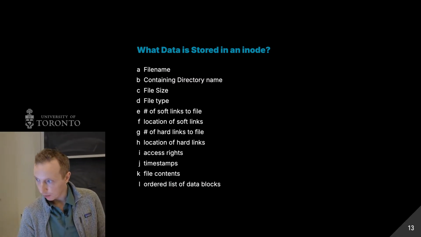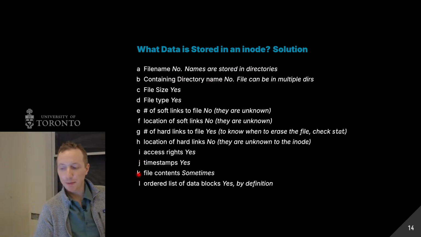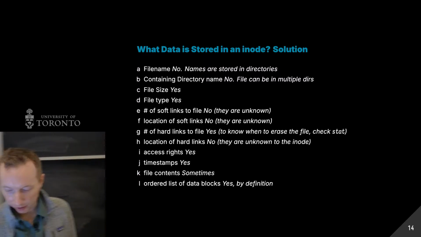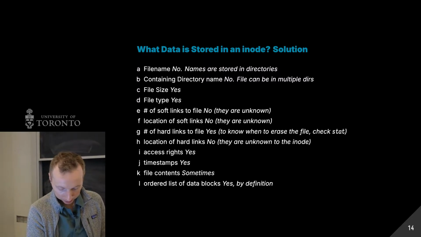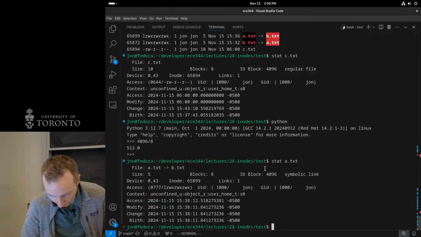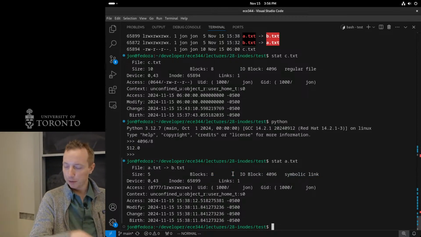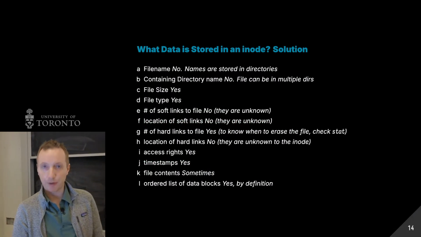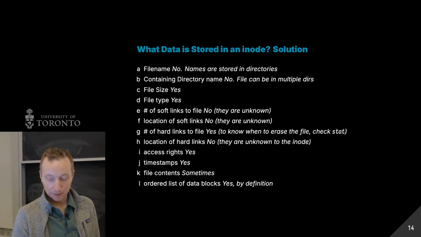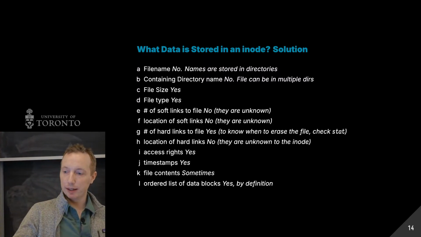So, going through all that, these are all the answers. There's a sometimes here for the file contents. As you will see, for symlinks, if we go back and do a stat on a symlink, we'll see that this one does take an IO block. Okay, weird non-default file system. But for the file system you're going to use, the contents of a symlink are like the name, so it'd be like b.txt.